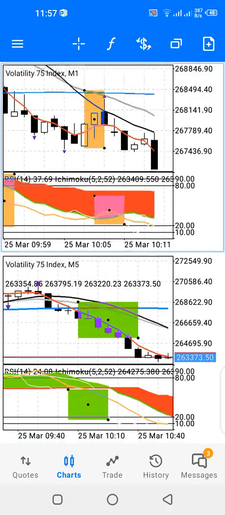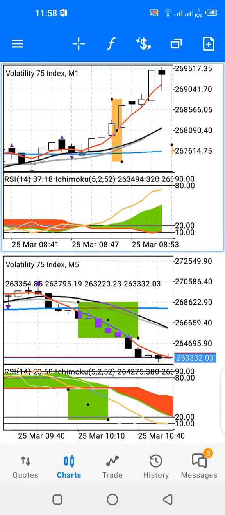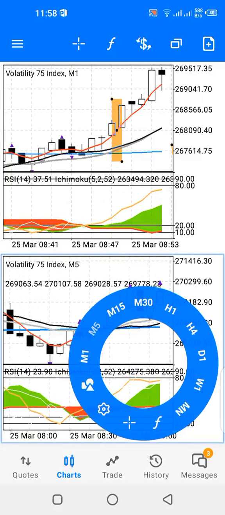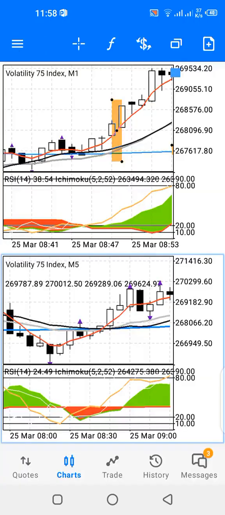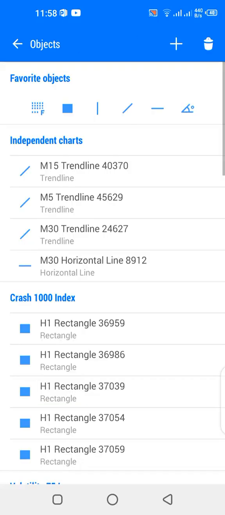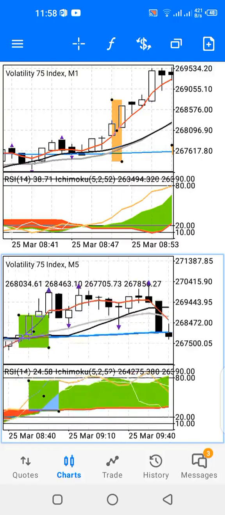Okay, when you have buy confirmation on the upper window like you have around here, and then you have buy confirmation on the lower window, you can buy. Alignment of all signals on all windows and all indicators gives you the clear chance to place your trade and scalp and make some profit.